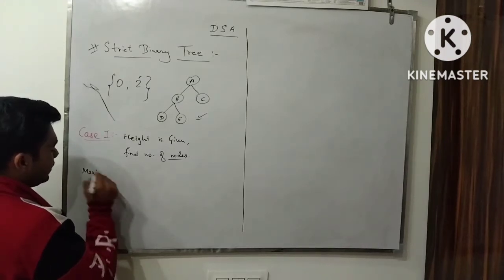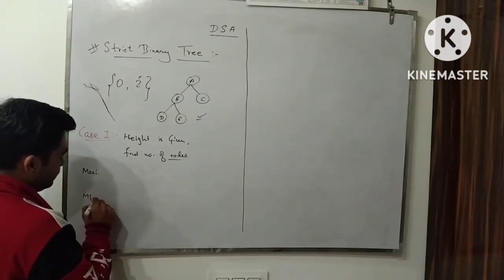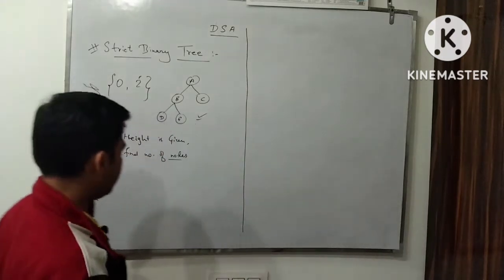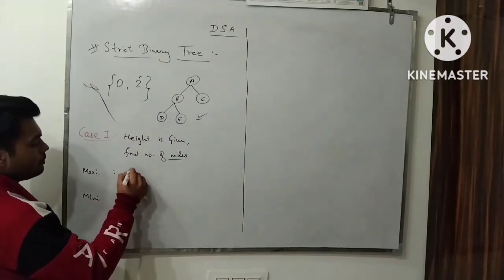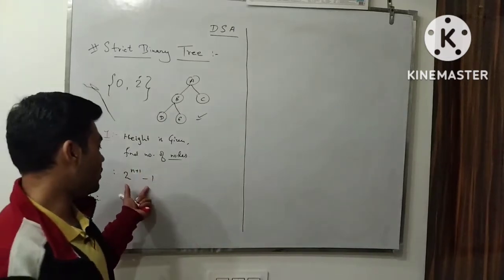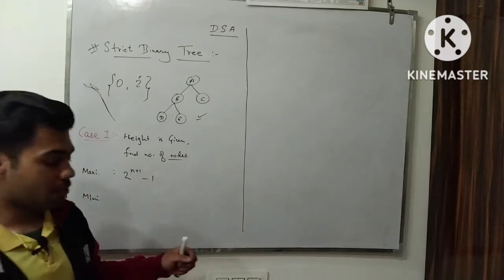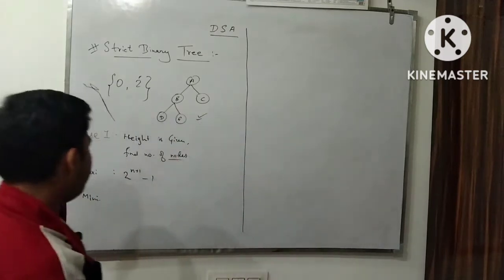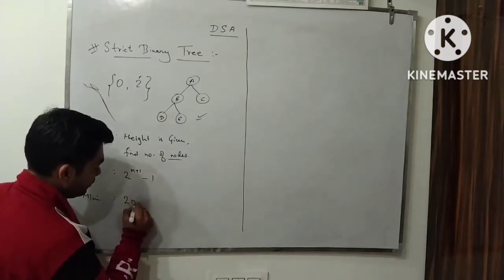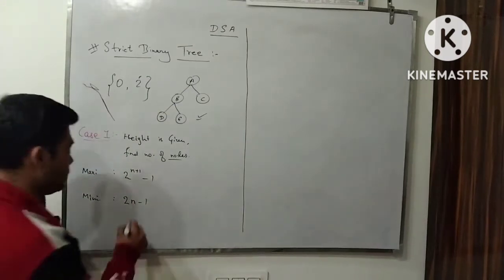First of all, we will calculate the maximum, then the minimum. For the maximum number of nodes, the formula will be 2 to the power n plus 1 minus 1. This formula will give the maximum number of nodes, and the minimum number of nodes is 2n plus 1.